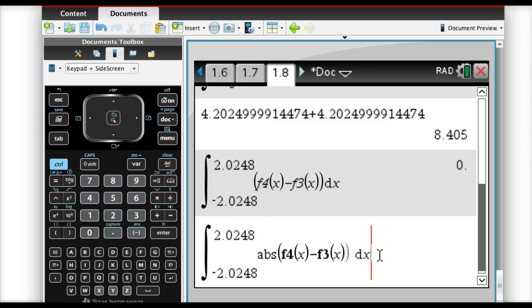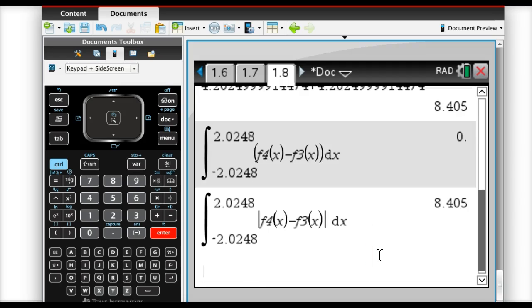What am I going to get? Any ideas? Is this going to work for us, 8.405, or is it going to give us 0 again? What do you think? Oh, it does work. So I can avoid dealing with that intermediate point if I can do this absolute value thing. If you have your calculator, works great. If you don't have your calculator, you still got to split it up into the two different intervals with the third point.